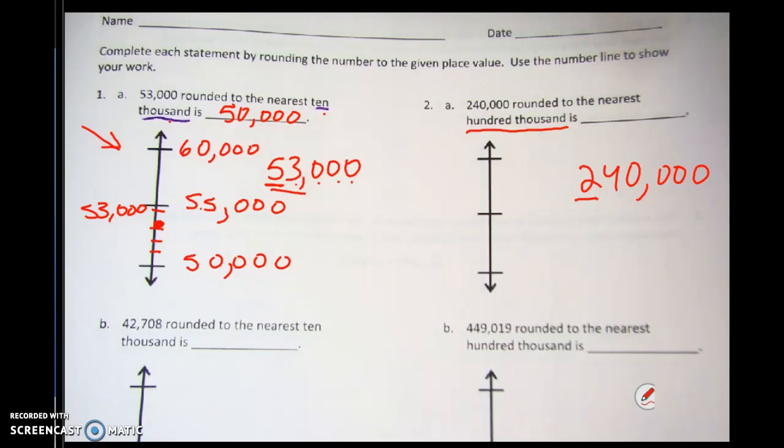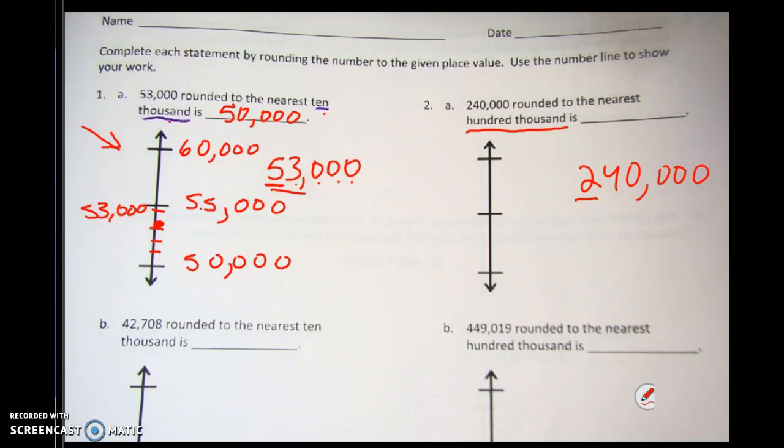So let's practice counting by 100,000. Let's start at 100,000. 100,000, 200,000, 300,000, 400,000, 500,000, 600,000, 700,000, 800,000, 900,000, 1 million, right?